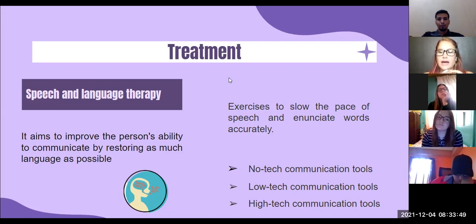And then we have high-touch communication tools. And this is when the brain disorder is severe. So the therapy is going to use technological devices to help the other person to communicate, for example, communication apps.